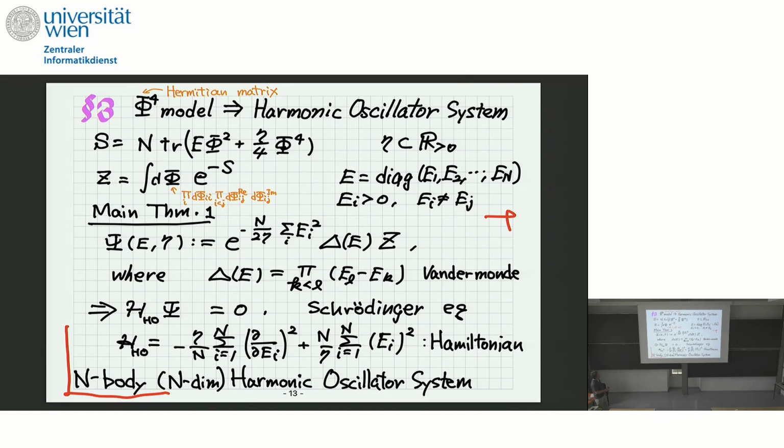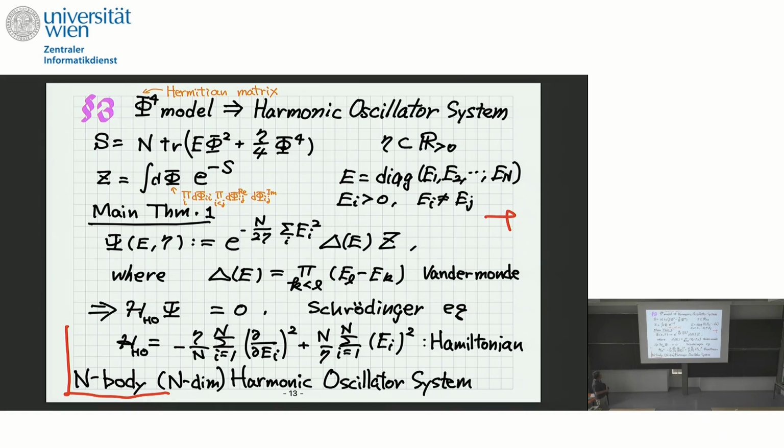N is the size of matrices, and E is diagonal positive. I'm sorry, the eigenvalue is positive. And eta is just a positive real number. And here is a phi 4 interaction. The partition function is given by this guy. The measure is the usual measure.